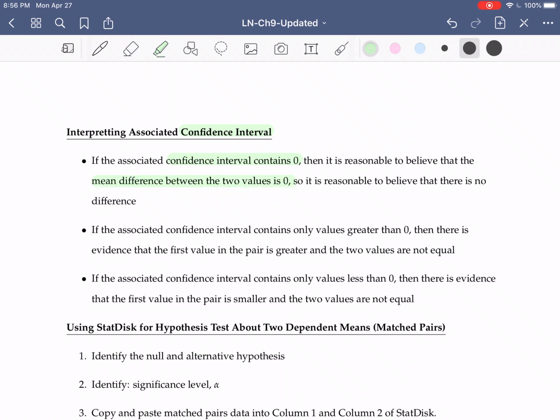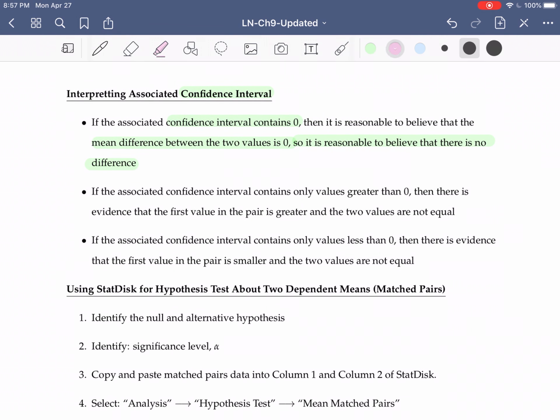So if we're saying 0 is a reasonable possibility, we're saying it's reasonable to conclude that there is no difference. And when I say that, what I'm not saying is we have evidence that there is no difference. What I'm saying is we don't have evidence that there is a difference. So it could be that there's no difference, or it could be that there's a really subtle difference and we just can't detect that.